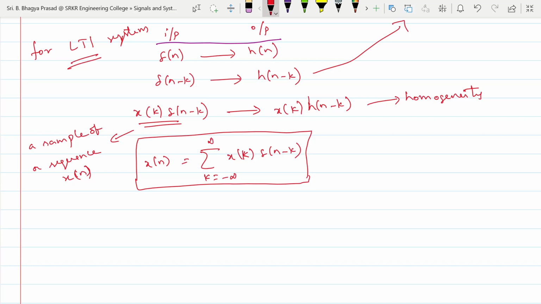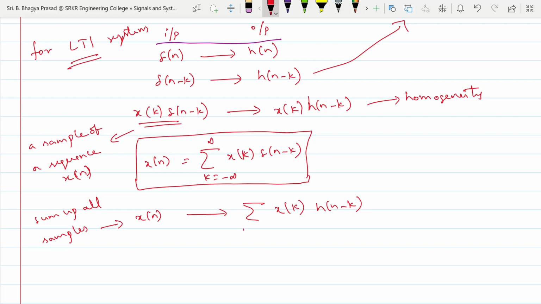Now if x[n] is the given input to the system, the output is summation x[k] h[n minus k]. We sum up all the samples and that gives x[n], and that x[n] is given as input to the system.